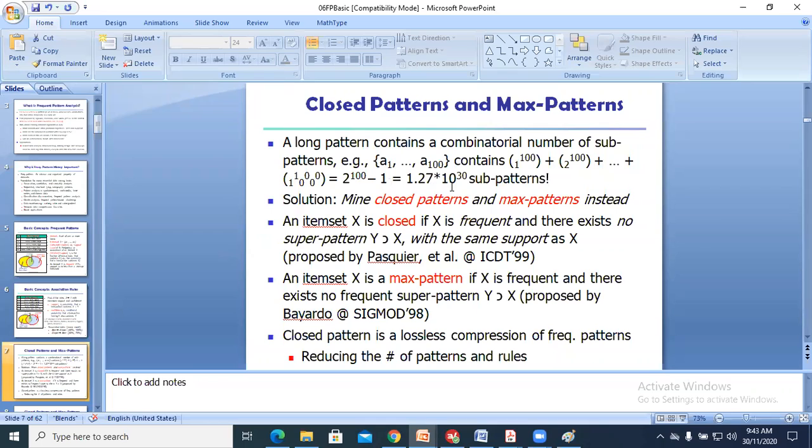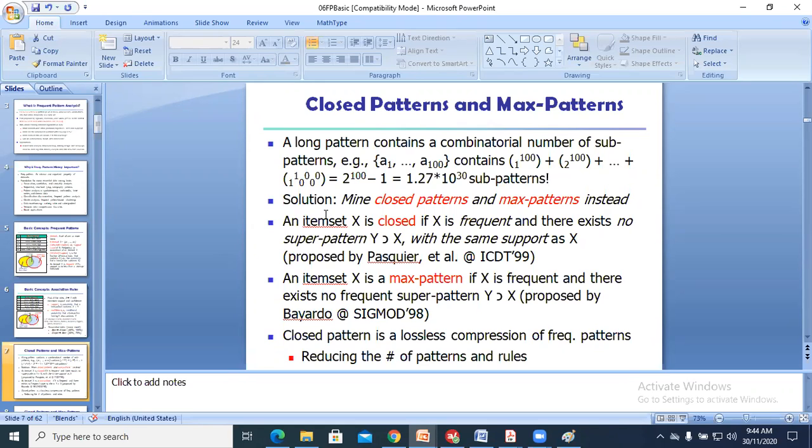So how can we mine the frequent pattern? We have a solution: we will find the closed patterns and max patterns instead. Instead of mining the frequent pattern, first we find the closed patterns and the max patterns.